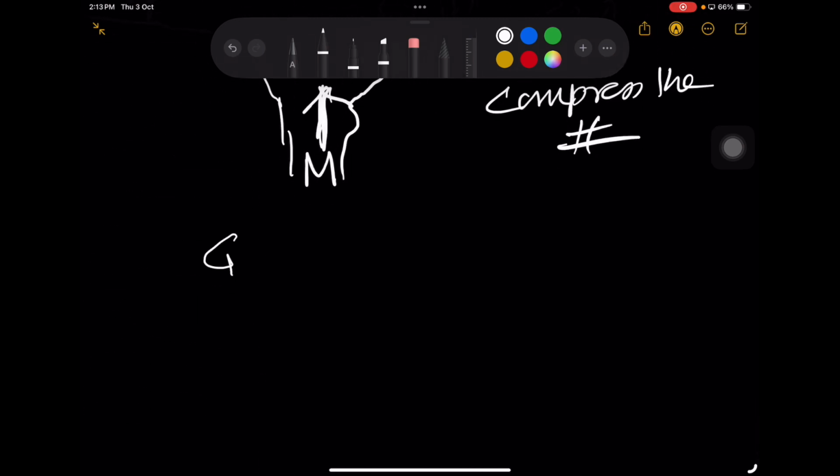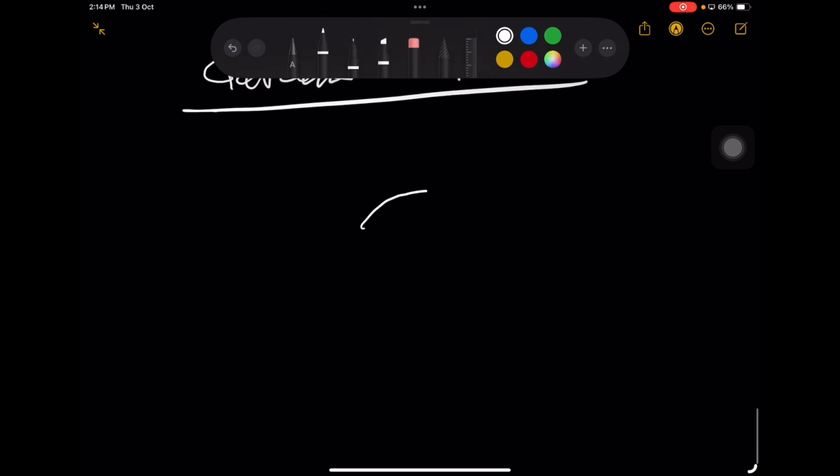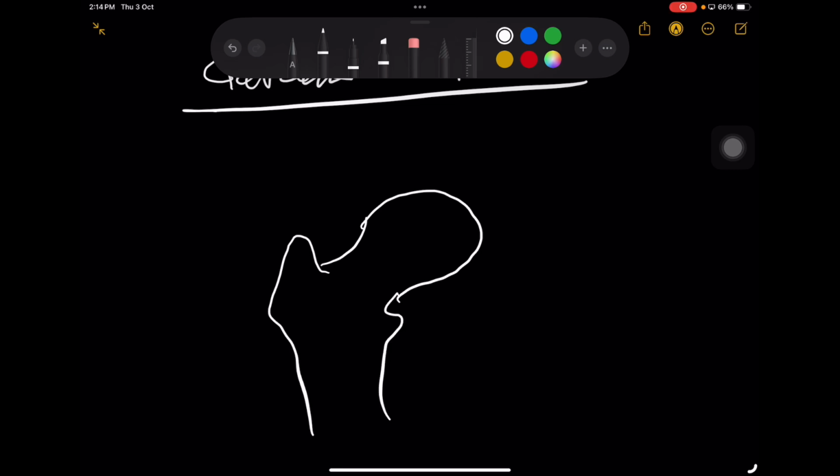Third classification is called Gardner's classification. The Gardner's classification means incomplete fracture. Incomplete means only the Shenton's line is broken. Then it says complete fracture.